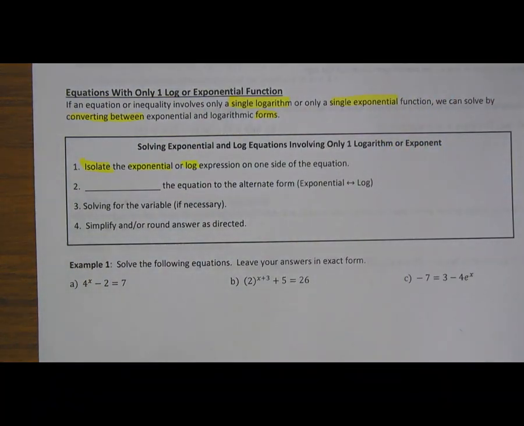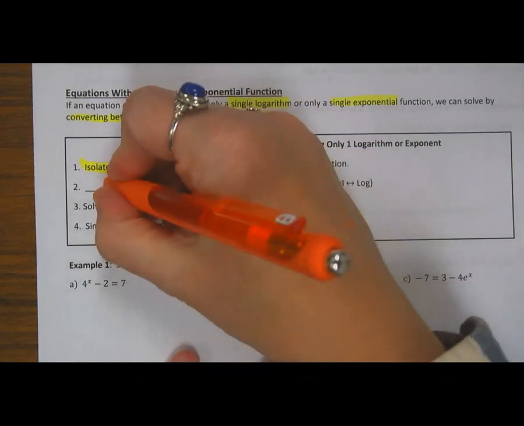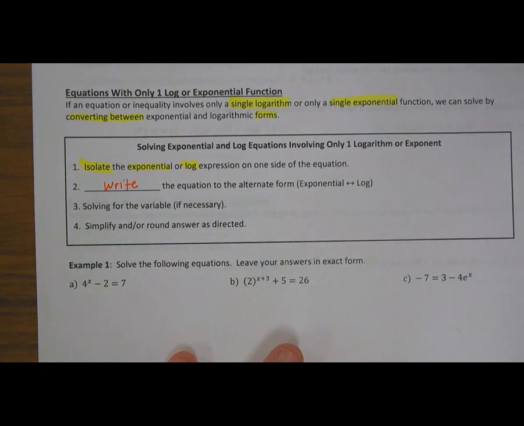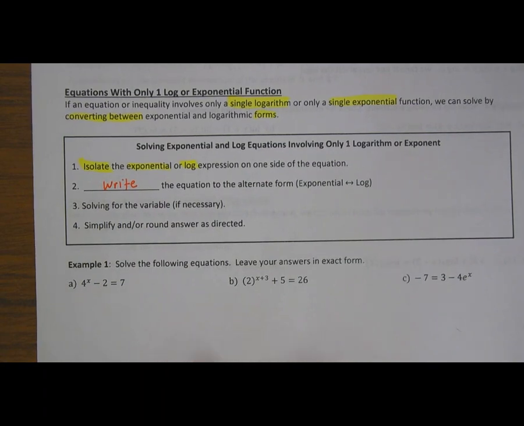That might involve adding or subtracting a constant or dividing by something, because we want to get the log alone or the exponential base alone. Step 2 is to write the equation in the alternate form. If it's in logarithmic form, switch it to exponential, and vice versa. Step 3, solve for the variable, and step 4, simplify or round the answer as directed.